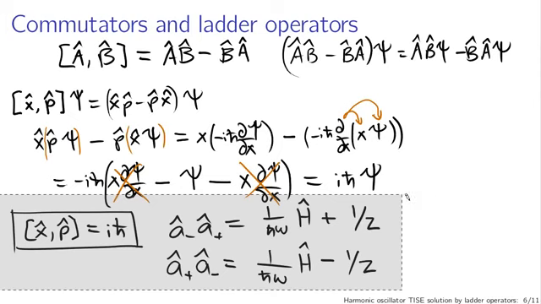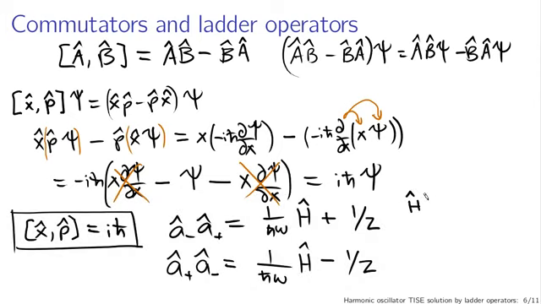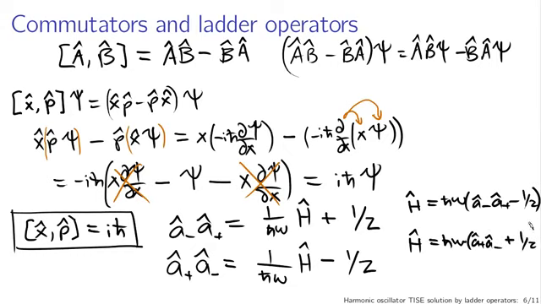What we get for the Hamiltonian, h hat, is h bar omega times a plus a minus operators minus a half. Or alternatively, the Hamiltonian is equal to h bar omega times a plus a minus plus a half. So these are the sorts of things that we got from our operator algebra after attempting to factor the Hamiltonian.